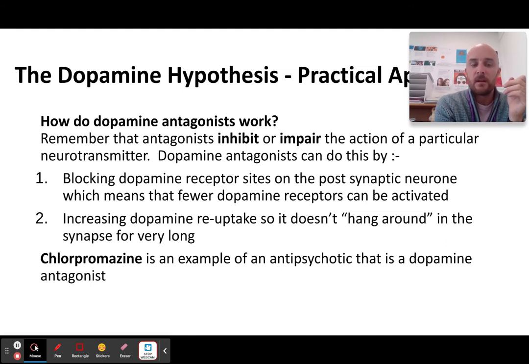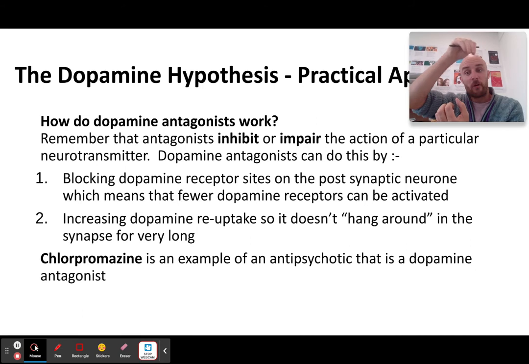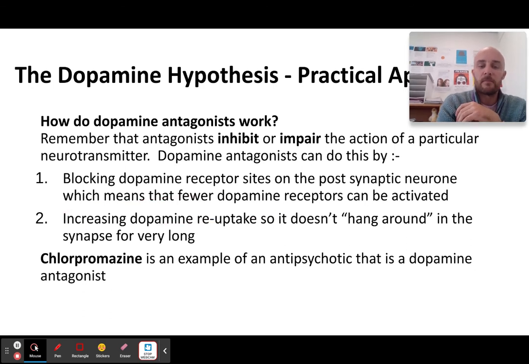And they do this by basically sitting in the dopamine receptor sites. The drug will come in and sit in the receptor site and just sit there, and it will block off any dopamine that's trying to get in. And therefore, dopamine isn't going to where it needs to be. Receptors aren't being triggered that much, therefore the symptoms come down. And it also increases dopamine reuptake.